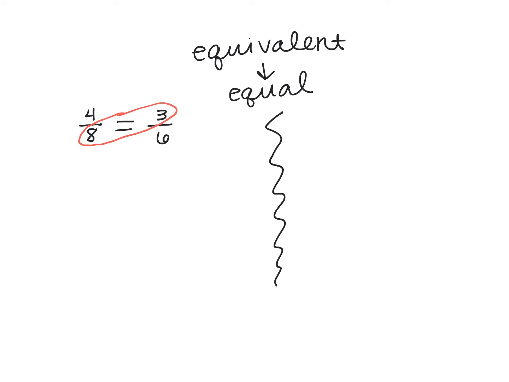So I'm going to draw my wings. And I multiply in the same group. So 8 times 3 is 24. 6 times 4 is 24. And 24 and 24 are the same. So I know that 4/8 and 3/6 are equivalent fractions.